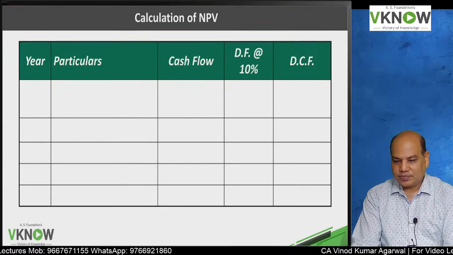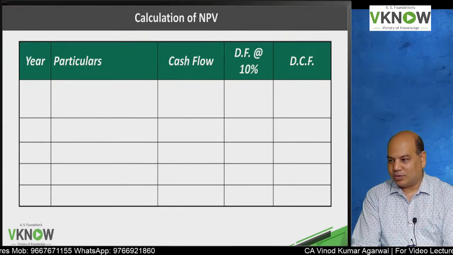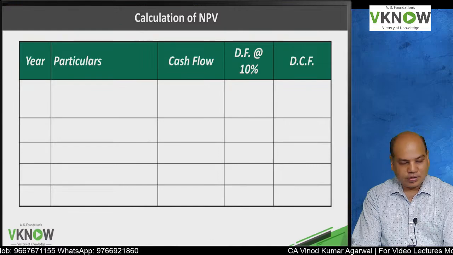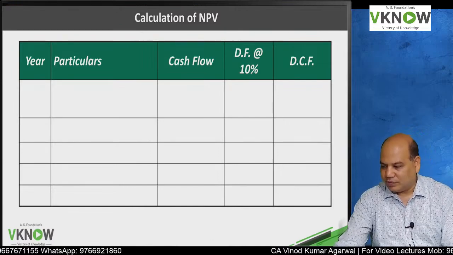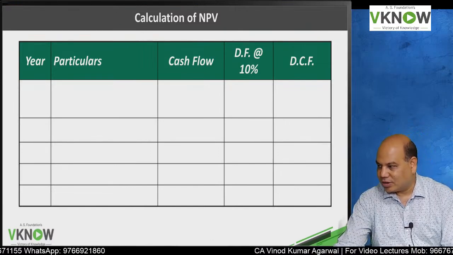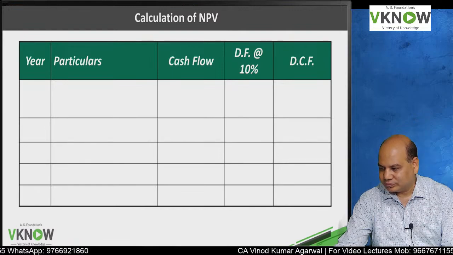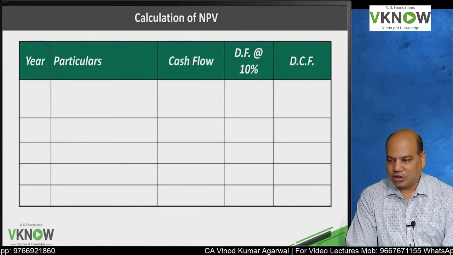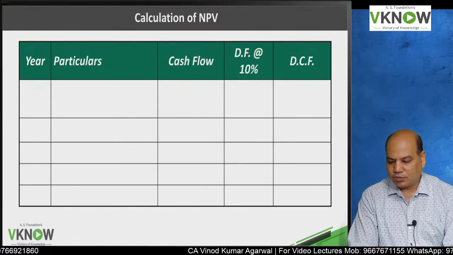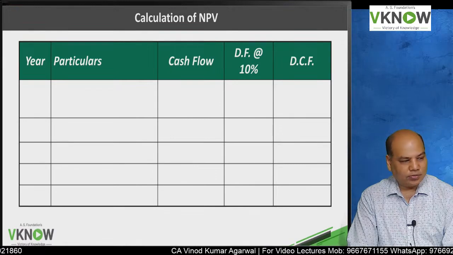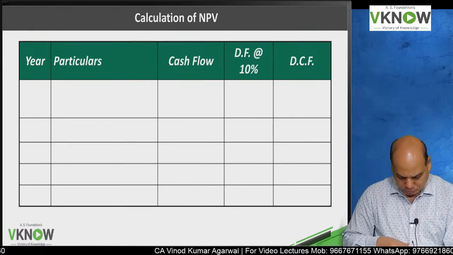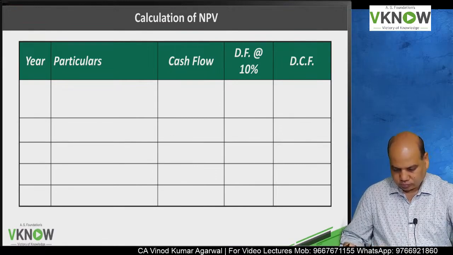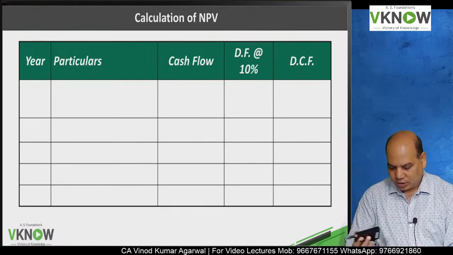Now write down calculation of NPV. Draw the table. First write down year, particulars, cash flow, discounting factor at 10%, discounted cash flow.